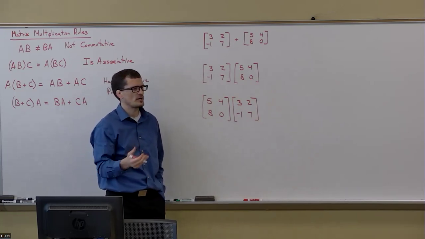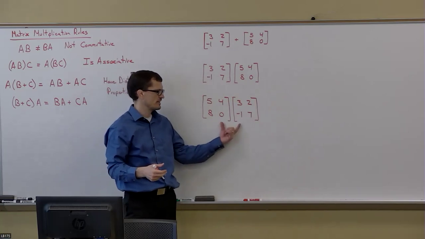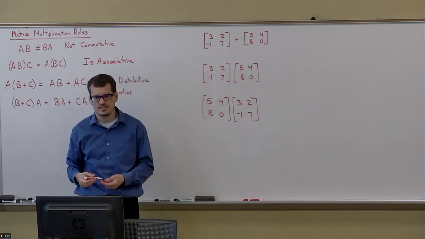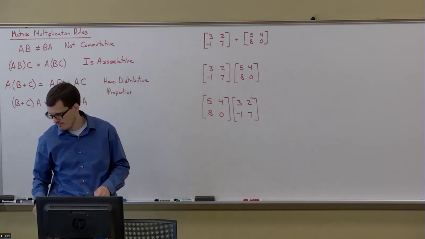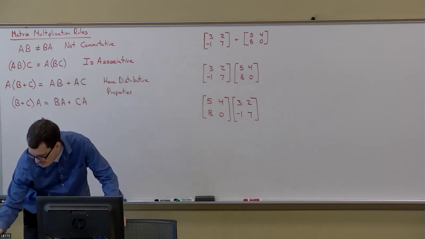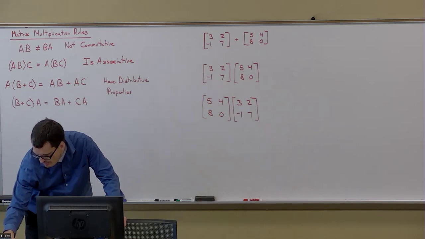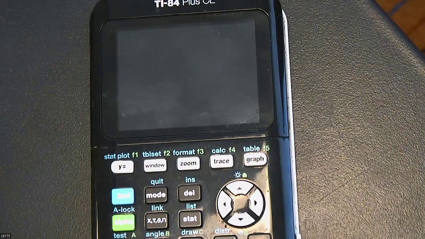So if you multiply square matrices of the same dimension together, you get back the same dimension. All right? So let's take a look at how we would treat that in our calculator.